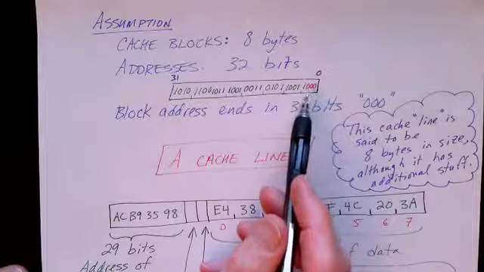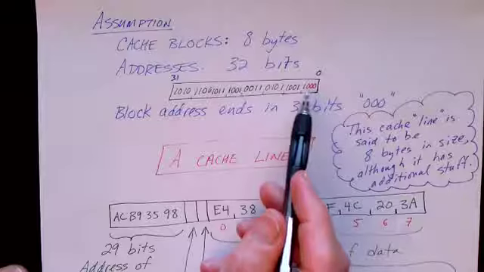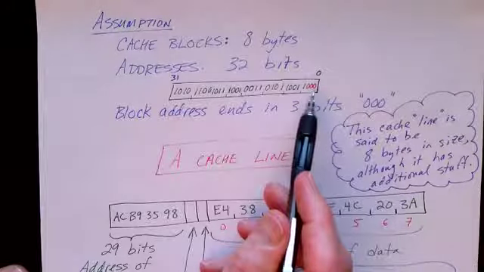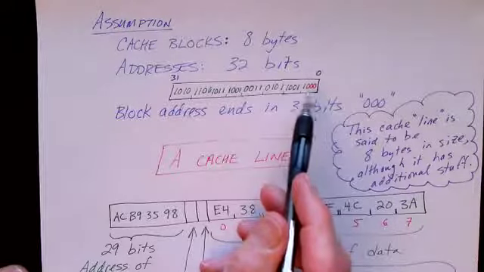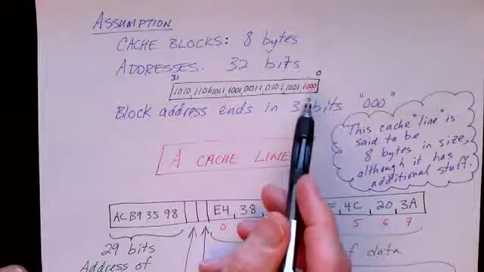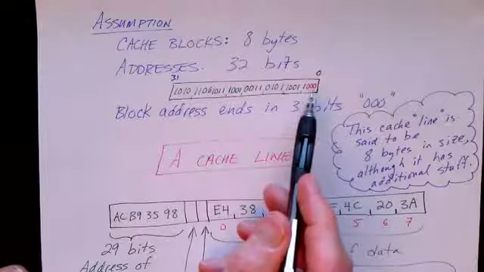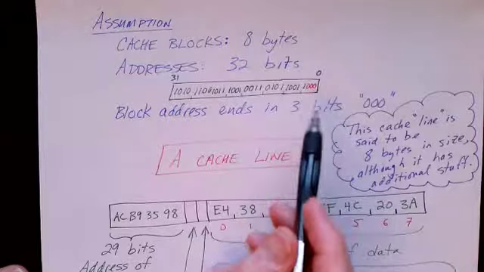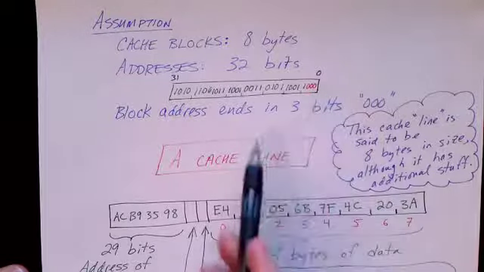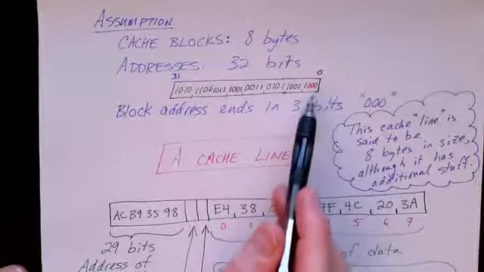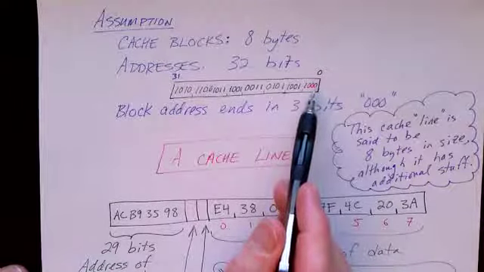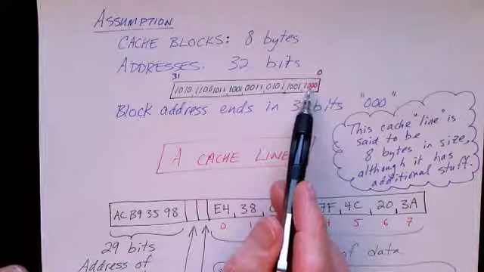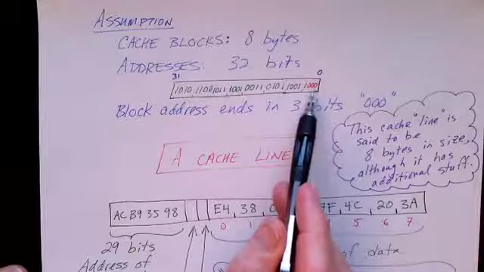We will assume that blocks are aligned, so every 8-byte aligned block of data will have an address that ends in 3 zeros. And the individual bytes within that block would be 0, 1, 2, 3, 4, 5, 6, or 7.